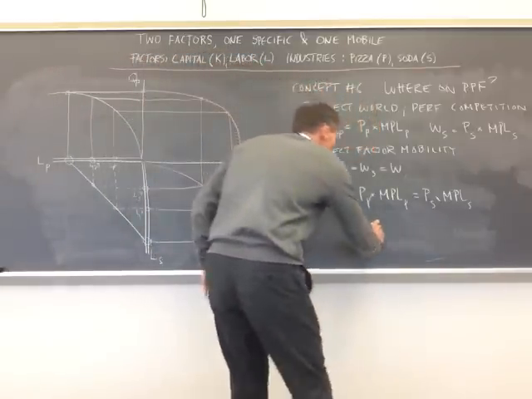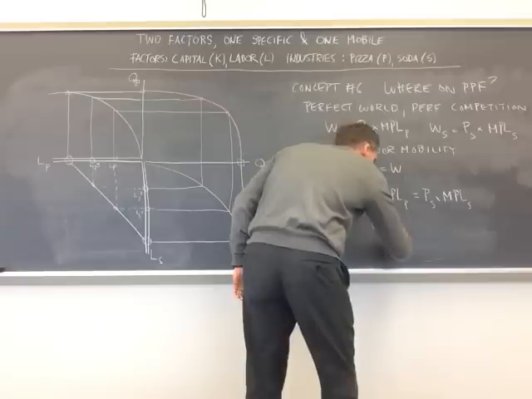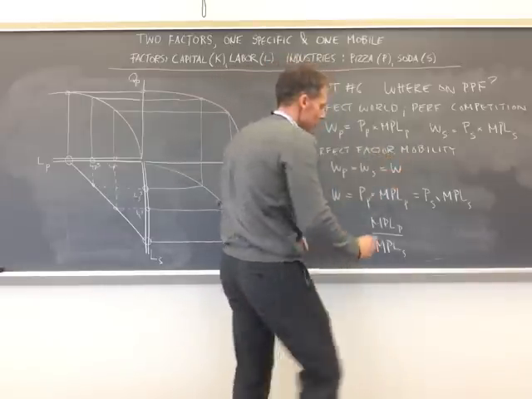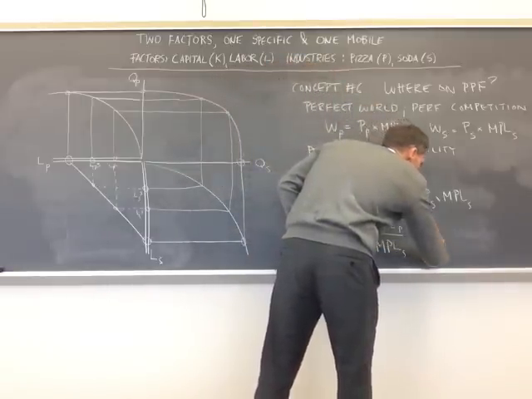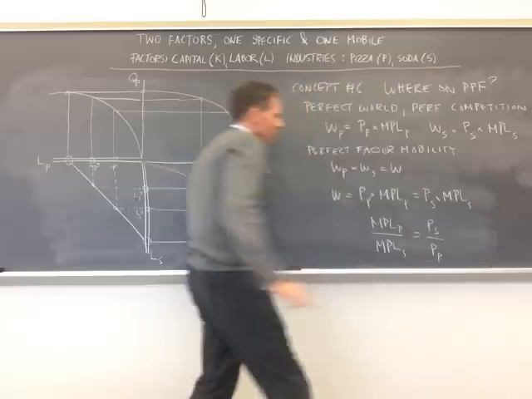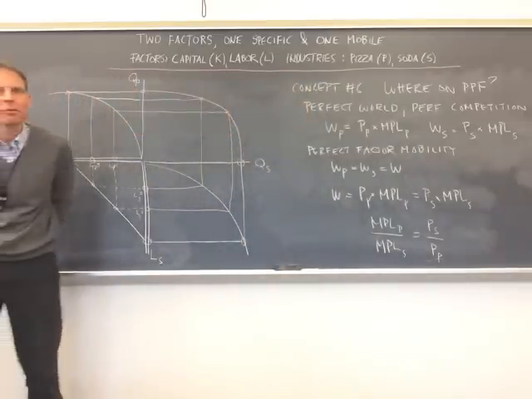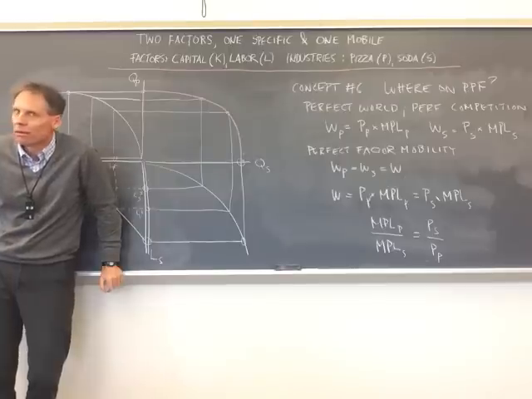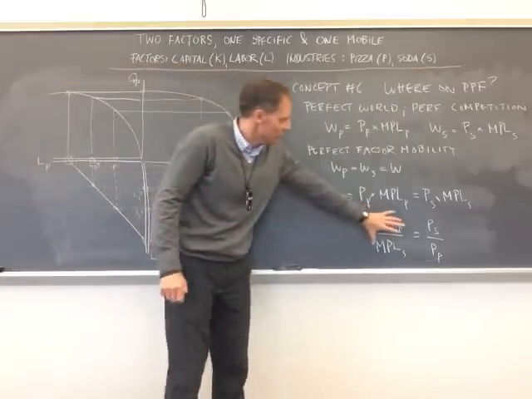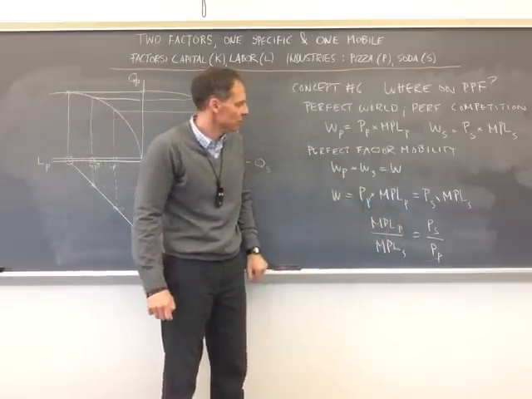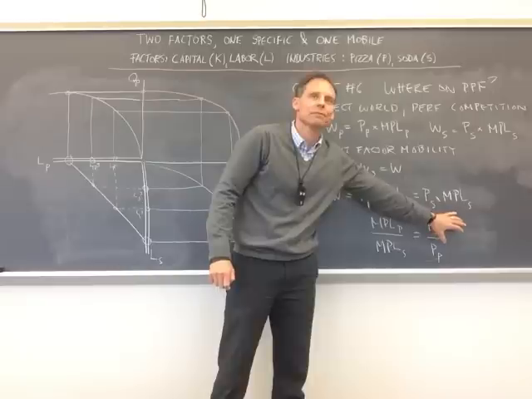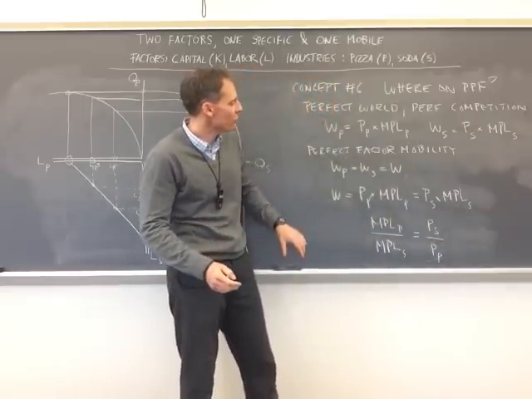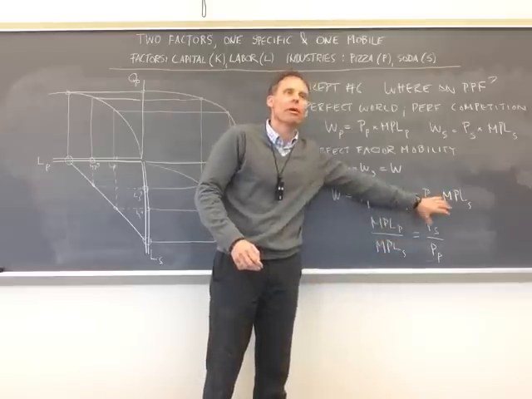In particular, if I just rearrange the things on the other side of the equality sign over here, we get that the ratio of the marginal products is equal to the ratio of the prices, or the marginal rate of technical substitution is equal to the relative price. Or, this is how we talked about it before, the opportunity cost is equal to the relative price.